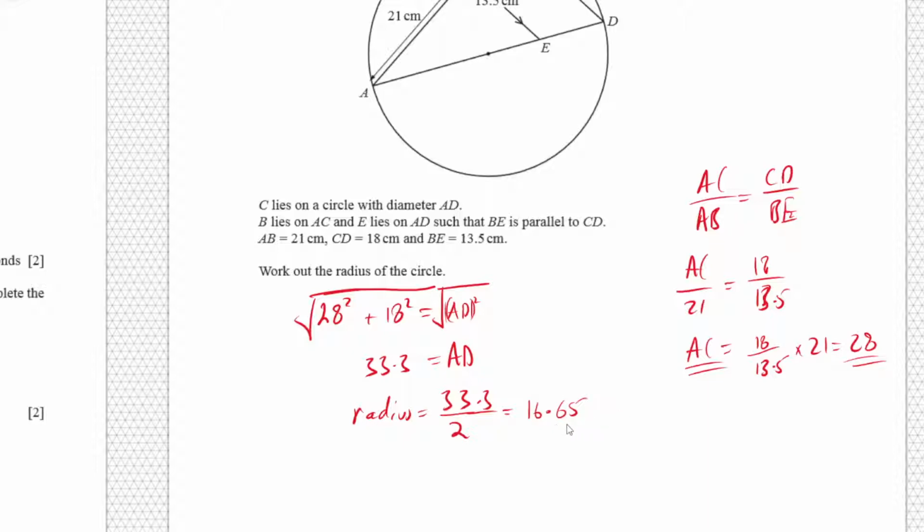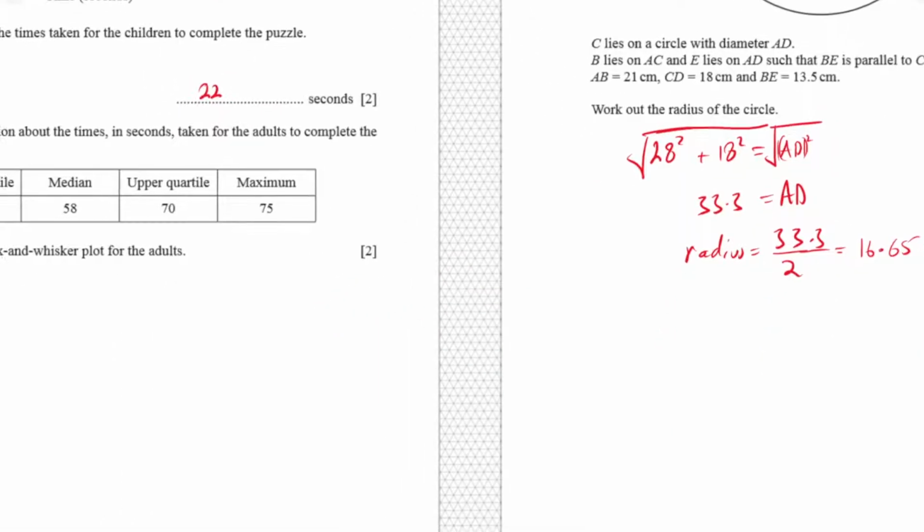Of course, even this is estimated, rounded off to two decimal places. We can further round it off to three significant figures, which is going to be 16.7. That's the radius. Let's move on to the next one.